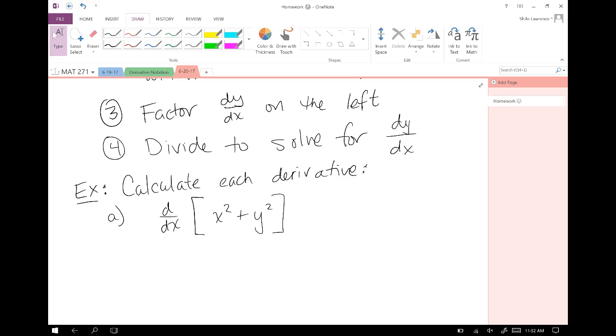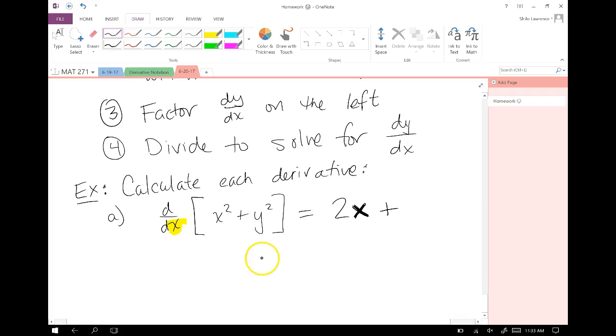Since we're differentiating with respect to x, that means you treat the x as completely normal. So what's the derivative of x squared with respect to x? It's 2x. You treat the x as completely normal. For y squared, we have a little bit of extra work to do.